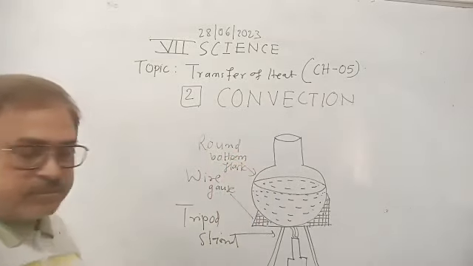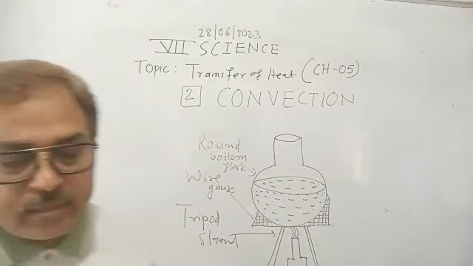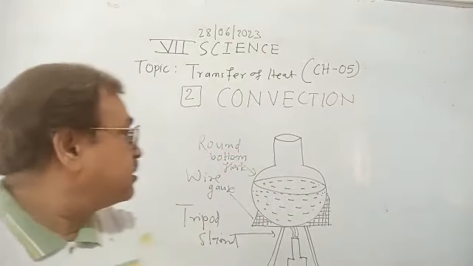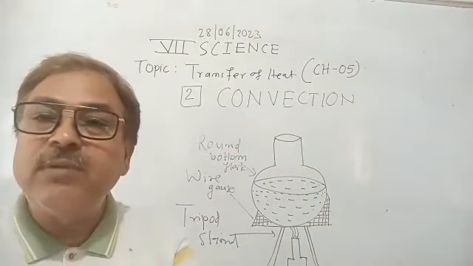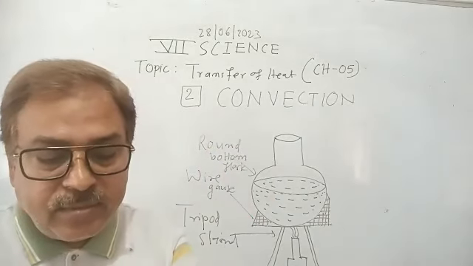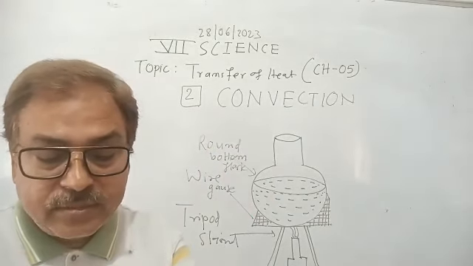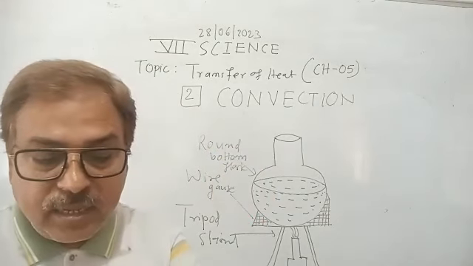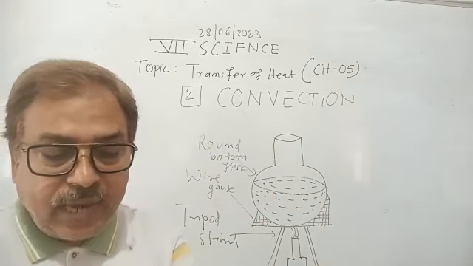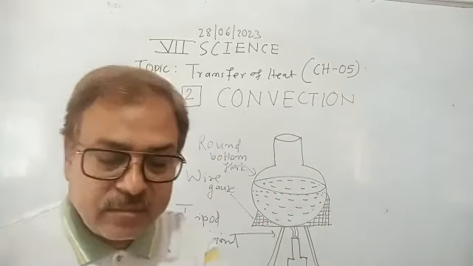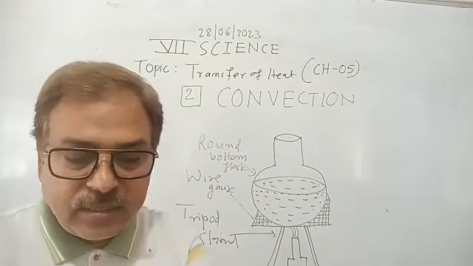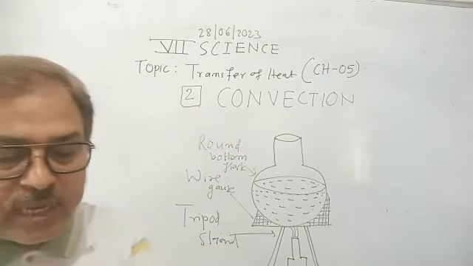These are all taken. The wire gauze is placed over the top of the three-point stand, the flask is kept over the wire gauze, and the flask is filled half with water, and some crystals of potassium permanganate.